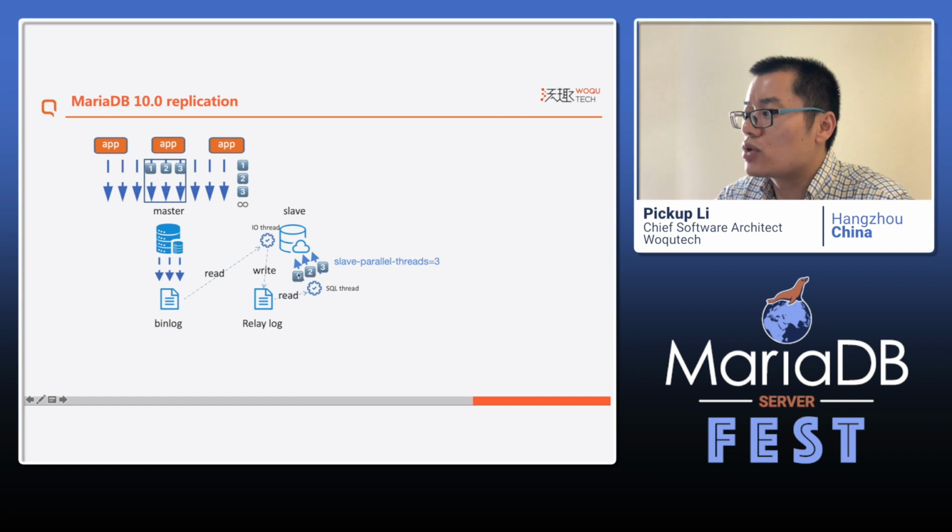The database administrator can set slave_parallel_threads to specify how many concurrent worker threads apply the binlog events uploaded from the master. slave_parallel_threads is a dynamic variable that can be changed without restarting mysqld.